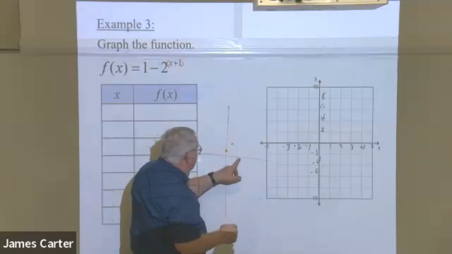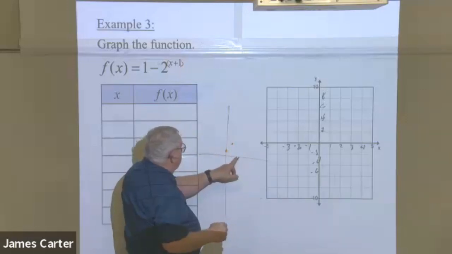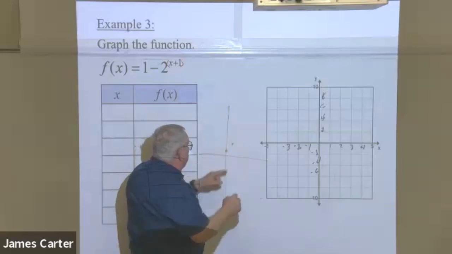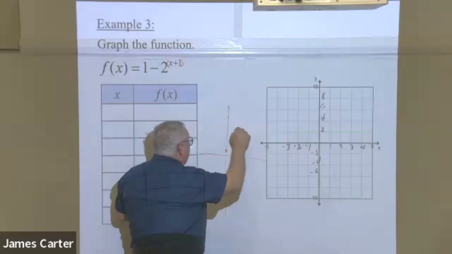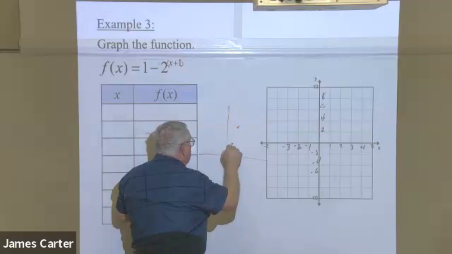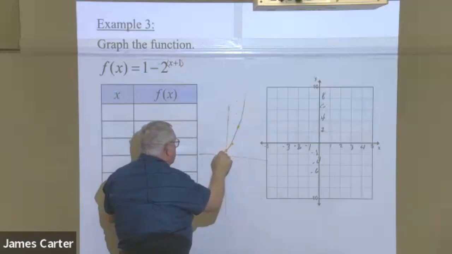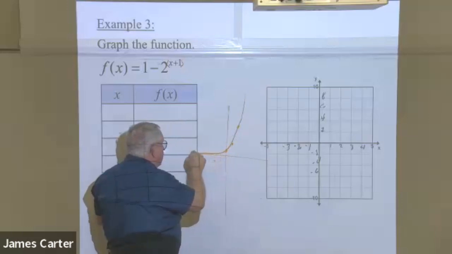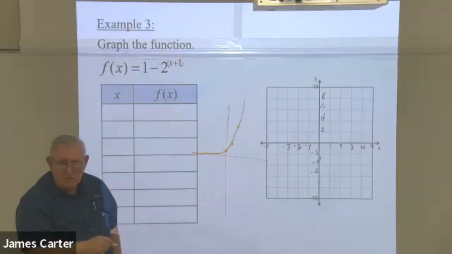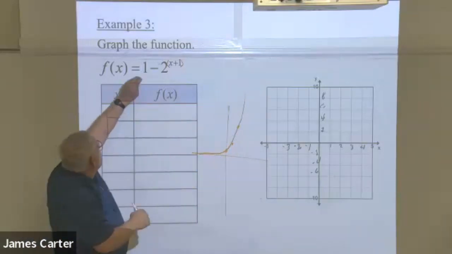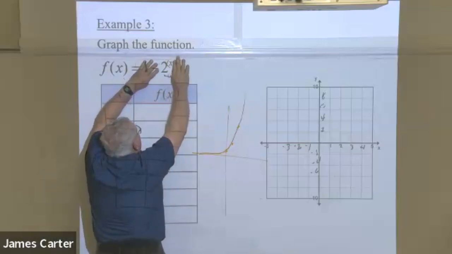If x is 2, then 2 to the second power is 4. And this thing goes up like that and starts going down like that. Okay, that's just the 2 to the x by itself.